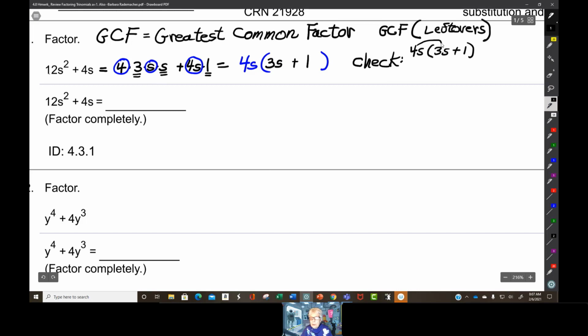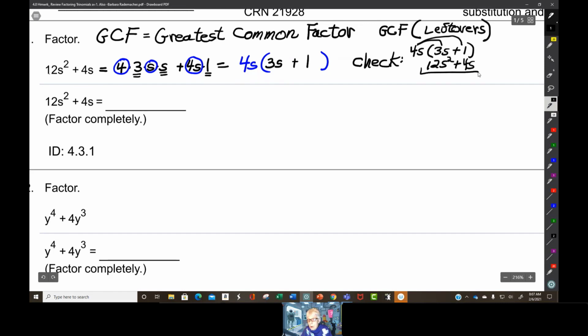I would distribute. 4s times 3s is 12s squared, and 4s times 1 is 4s.